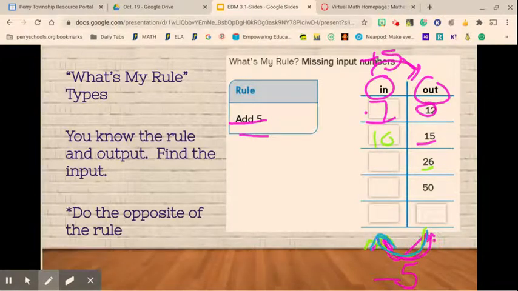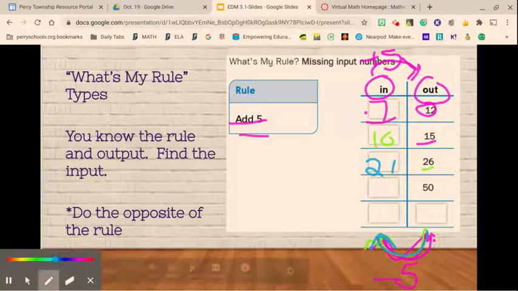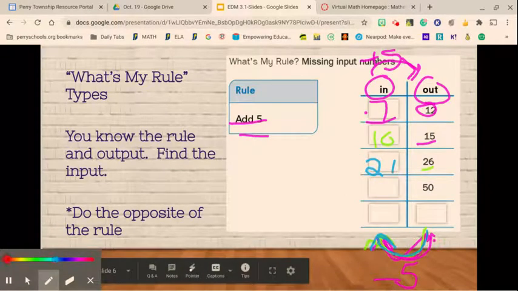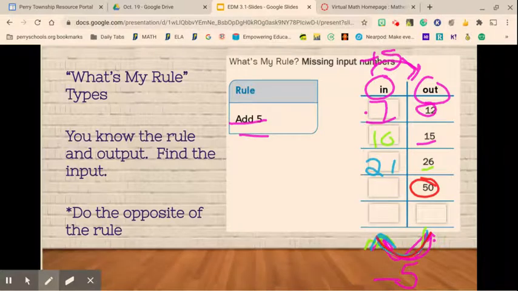So I'm doing the opposite and subtracting 5. 26 minus 5 is 21. On the next one, I have 50 in the output. So I'm going to go backwards, and I'm going to say 50 minus 5 is 45.